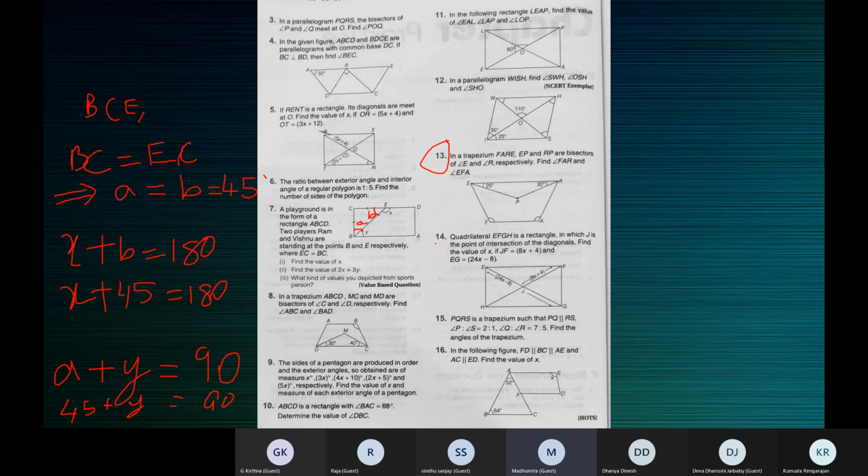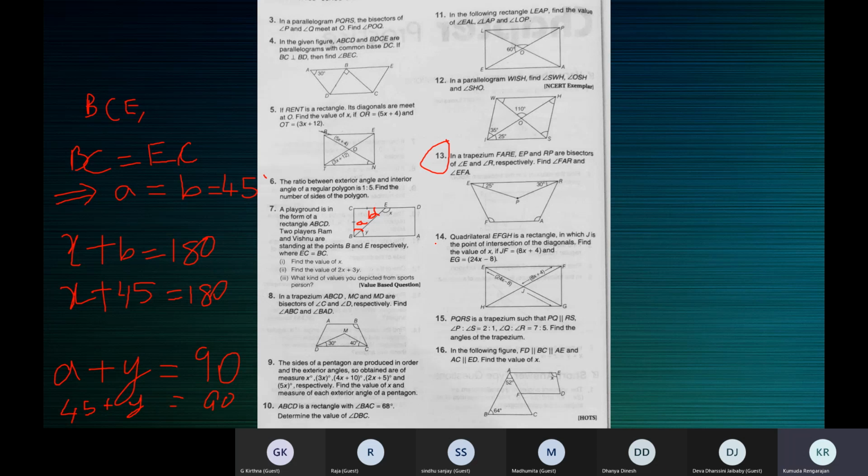Excuse me, ma'am, what kind of values are depicted by the sports persons? Supposing C is the point, you can say that they are standing equidistant from C. So that shows their honesty.